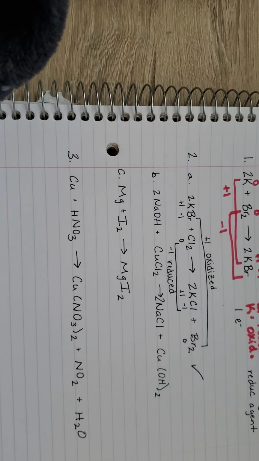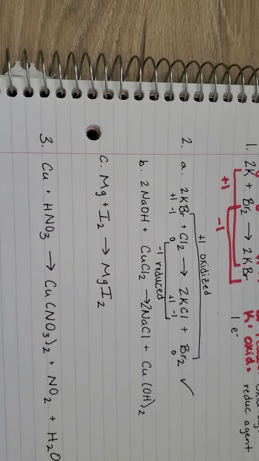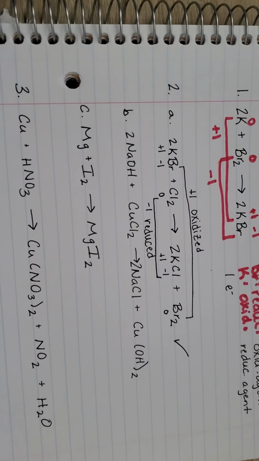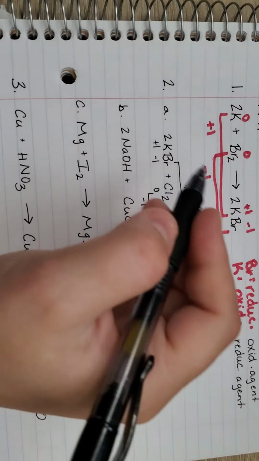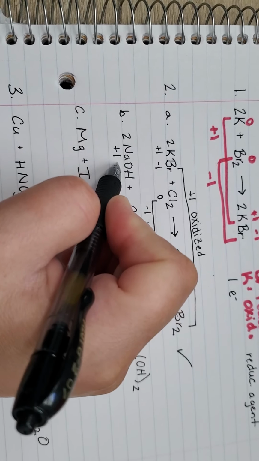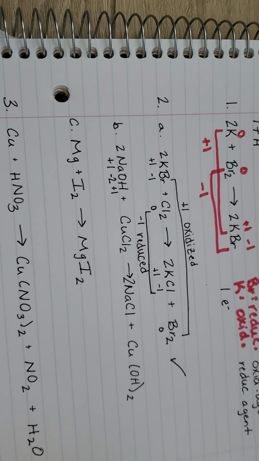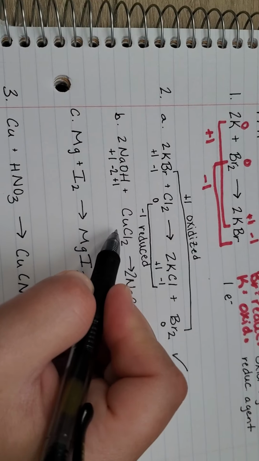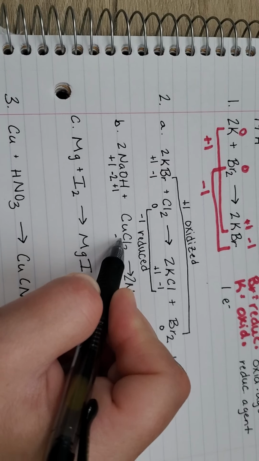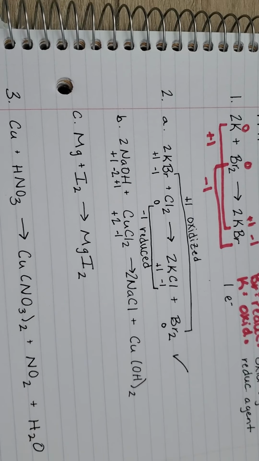Okay, all right, and then for B, we have this chemical equation. So for sodium, we know this is +1, -2, +1. Okay. This one, we know Cl is -1. We have 2 of them, so copper must be +2.